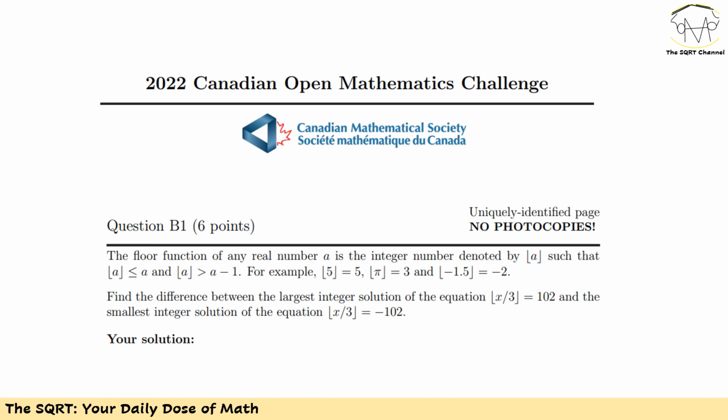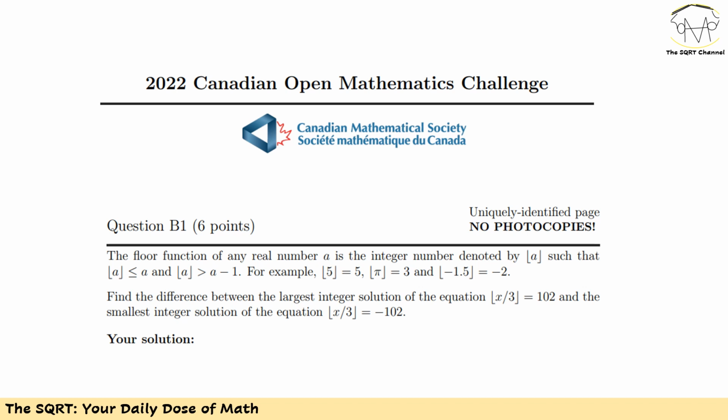So let's say that A is a real number. The floor of A is going to be less than or equal to A, and it's going to be greater than A minus 1, which is something that we already know.